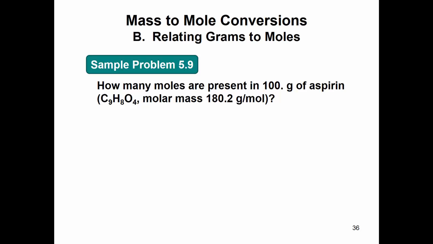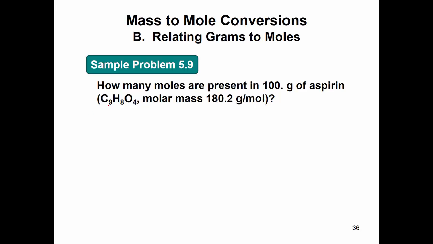So let's see how we could do this. How many moles are present in 100 grams of aspirin? Aspirin has a formula of C9H8O4. Pretend that when you're on your own, you weren't given the 180.2, because technically you should be able to add that up yourself.